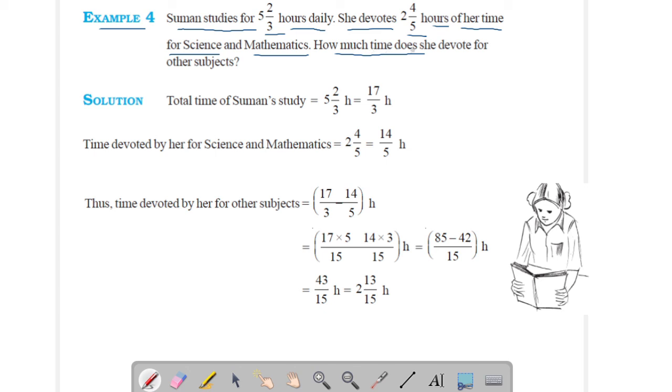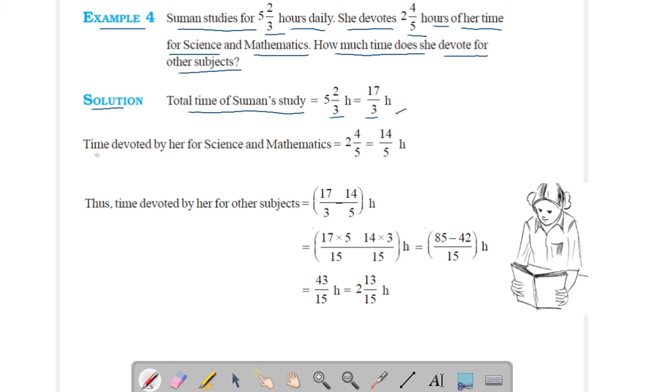How much time does she devote to other subjects? See the solution. Total time of Suman's study is 5 2 upon 3 hours. Convert it into an improper fraction. This can be written as 5 into 3, 15, 15 plus 2, 17. It is 17 upon 3 hours.